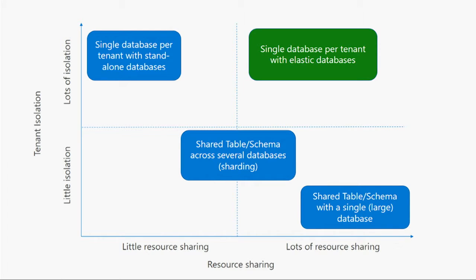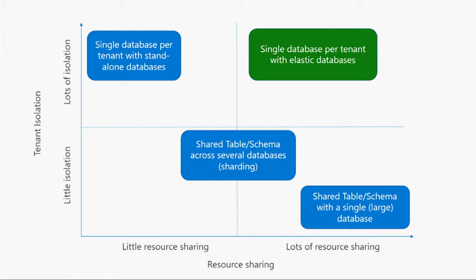Now, with Elastic Databases and Elastic Pools, you are getting a 4th option that puts you into the upper right corner here, where you can follow the single database per tenant approach, but put all of the tenants into an Elastic Database pool. By managing your capacity and essentially your cost through the Elastic Database pool, you can reach great resource sharing across all of your different tenants.